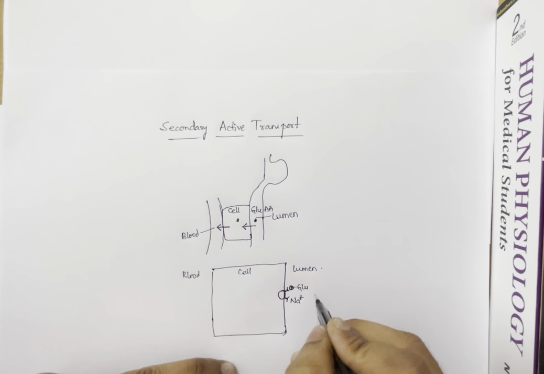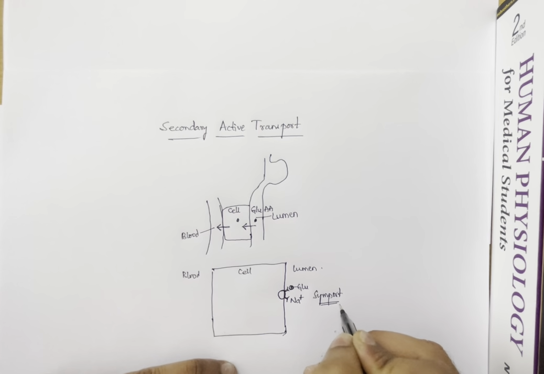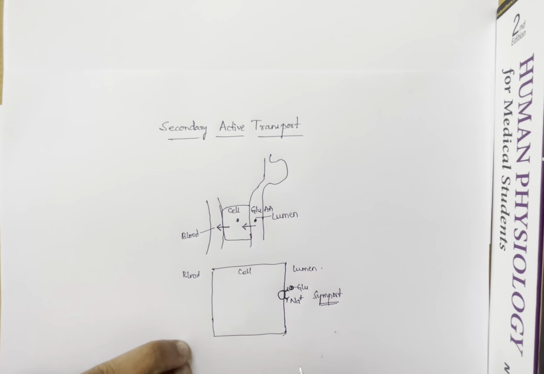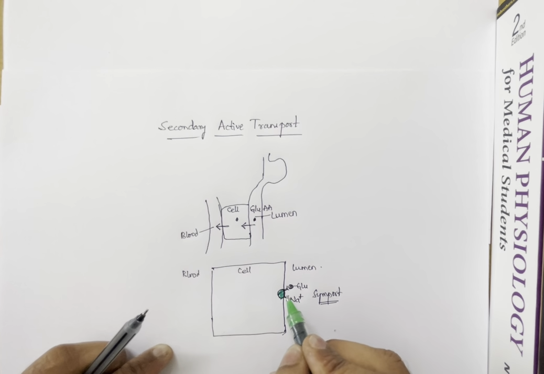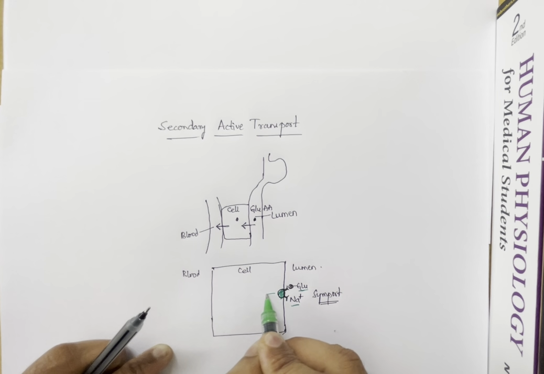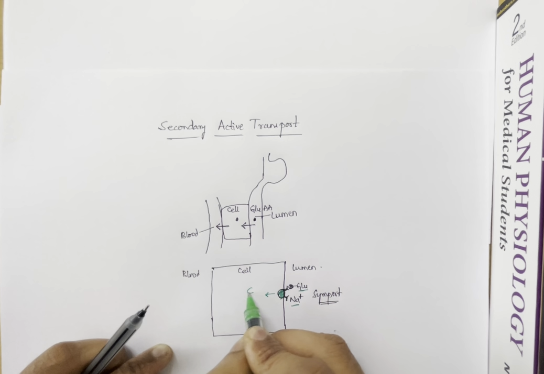So this is a symport. Symport means what? Symport is a transmembrane protein. This transmembrane protein is the symport, which is having two binding sites, so that two substances can bind to the transmembrane protein, simultaneously taking in both glucose as well as sodium.